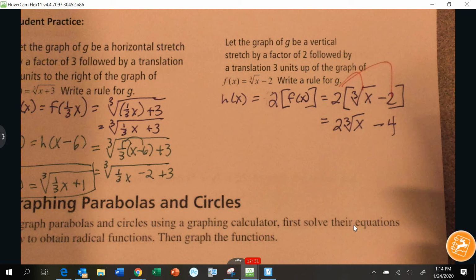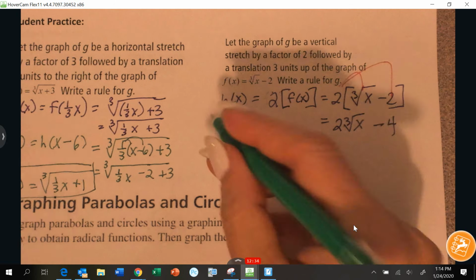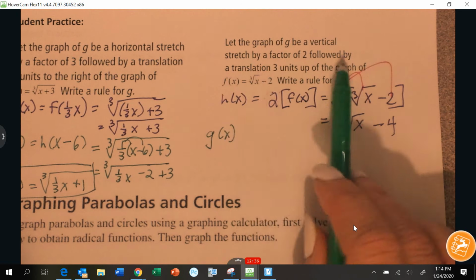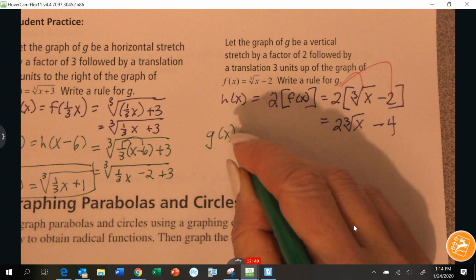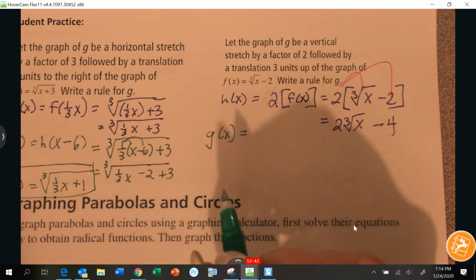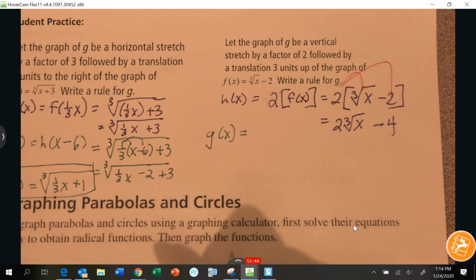So now my g, add on the rest of it, which is translate 3 units up. If I'm doing 3 units up, is that inside or outside? Outside.